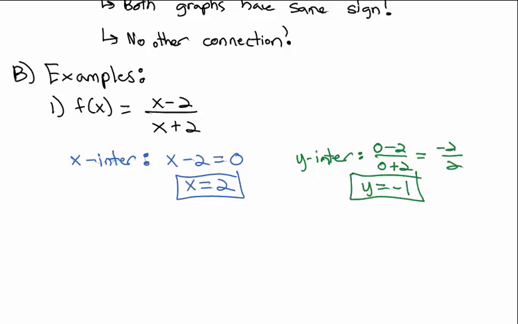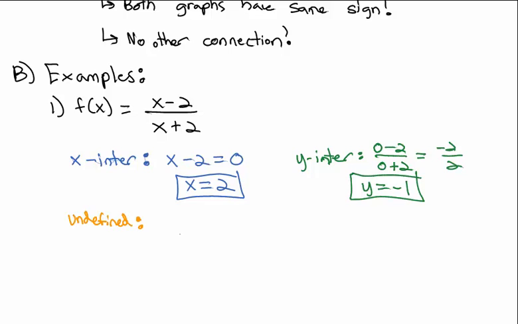Next, we need to find the undefined points. The undefined points are when the denominator equals 0, and it's either a hole or a vertical asymptote. This graph's not going to reduce at all. x minus 2 over x plus 2 is not going to reduce.